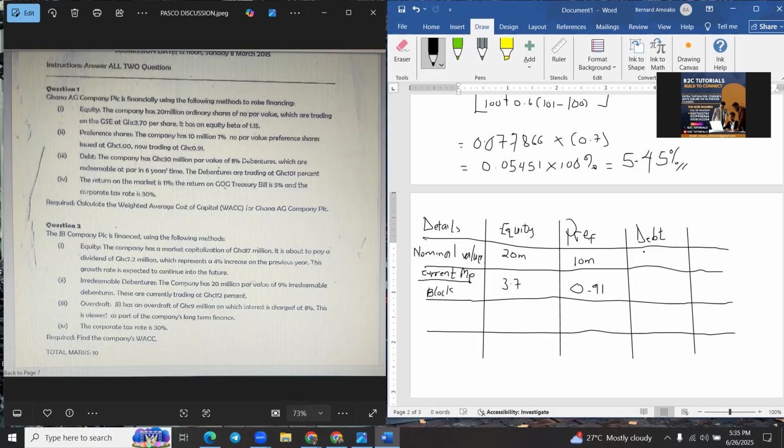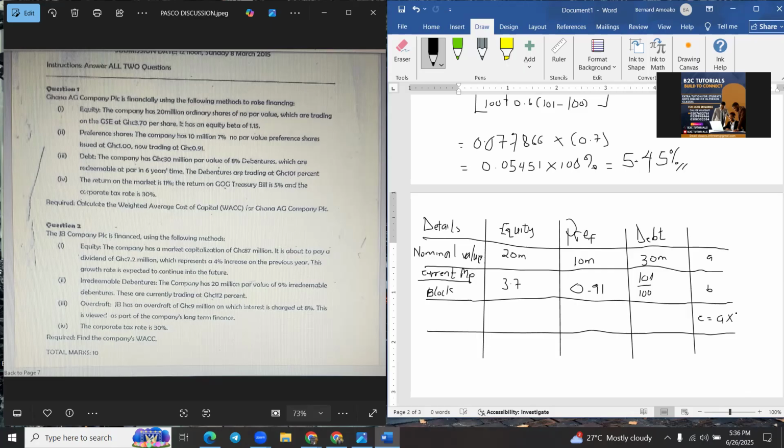The 30 million multiplied by its market price, which is 101 divided by a block of 100. So we are expected to multiply A by B before we can get C. So C is equal to A multiplied by B.